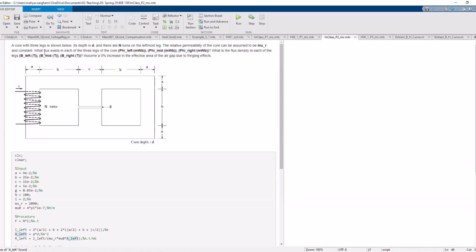We want to know what flux will be existing in each of these 3 legs of the core. So the flux in this area should be the same, and here the flux should be the same, and on the right-hand side, also the flux should be the same. So we can draw the magnetic circuit to make that more clear. And also, we want to find out the flux density in each of these paths.